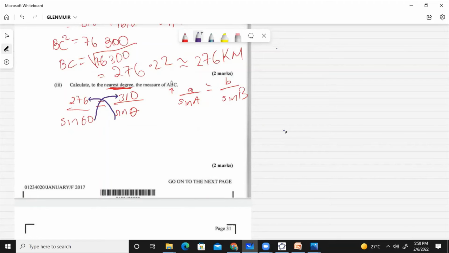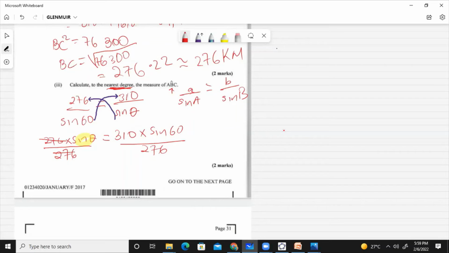So we're saying that 276 times the sine of the angle that I need to find is equal to 310 times the sine of 60 degrees. Now remember what you want to find. So we have to get rid of that 276. We're going to divide both sides by 276, and cancel.